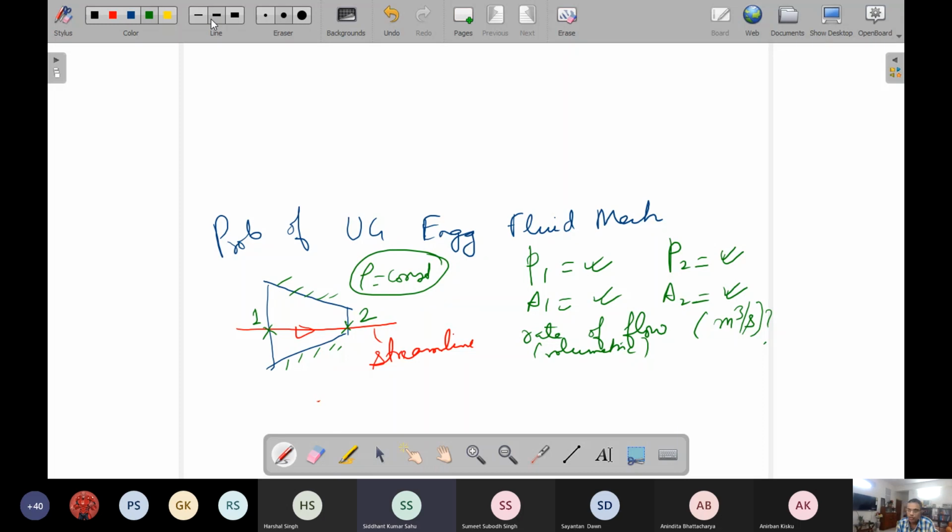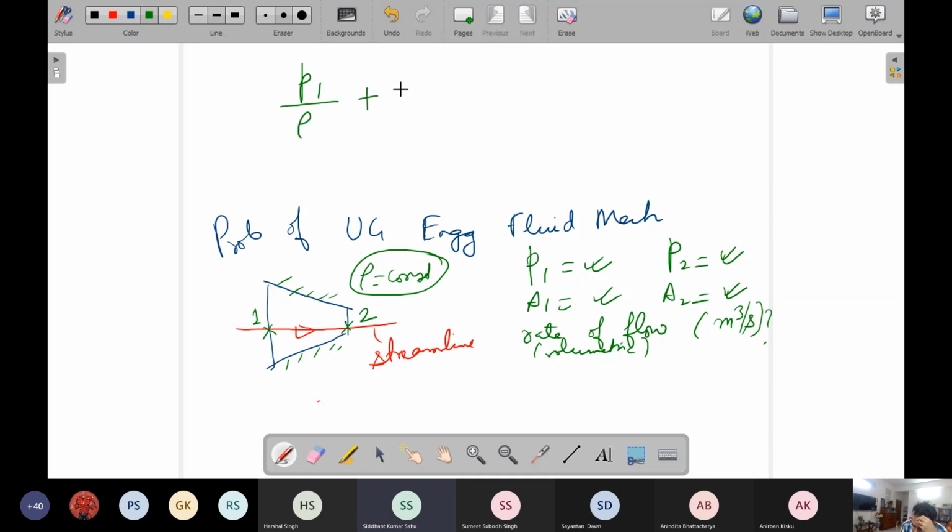Let us say, the first thing you say is Bernoulli's equation, right? That is what we do to solve this problem. You have been absolutely spot on. So what is the Bernoulli's equation that you write?